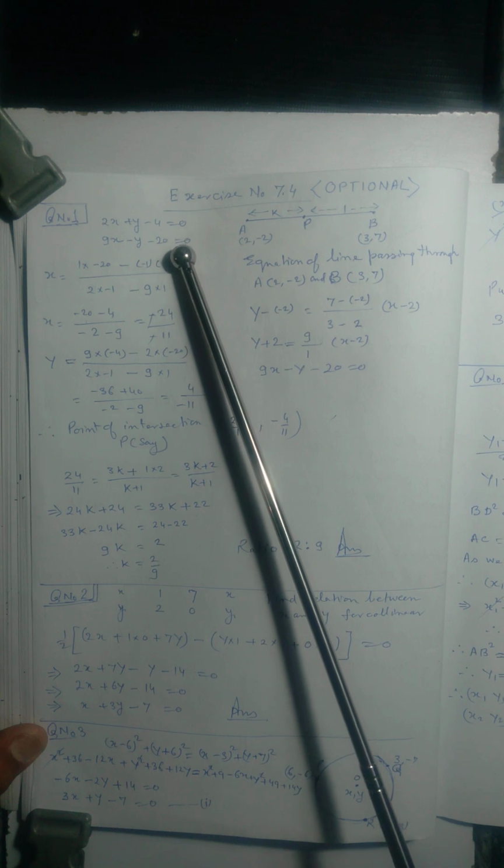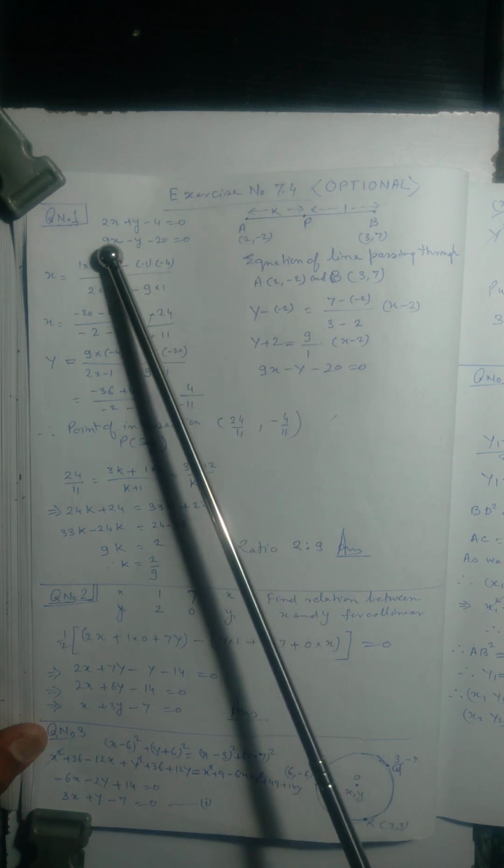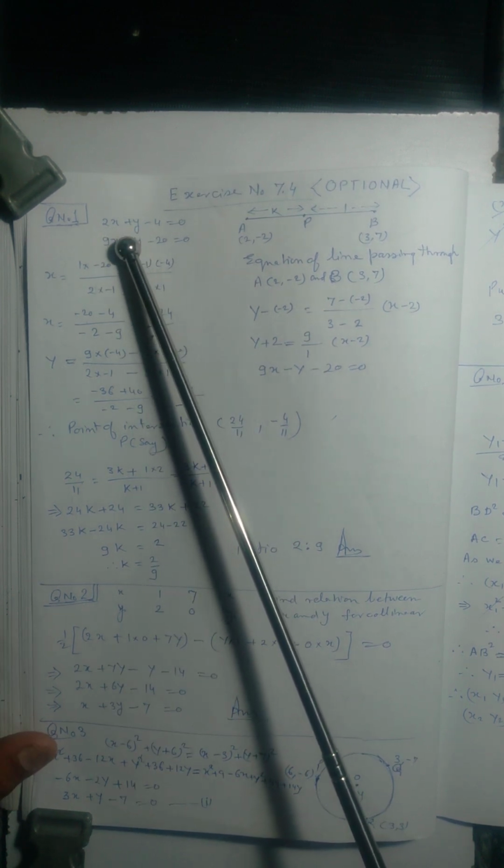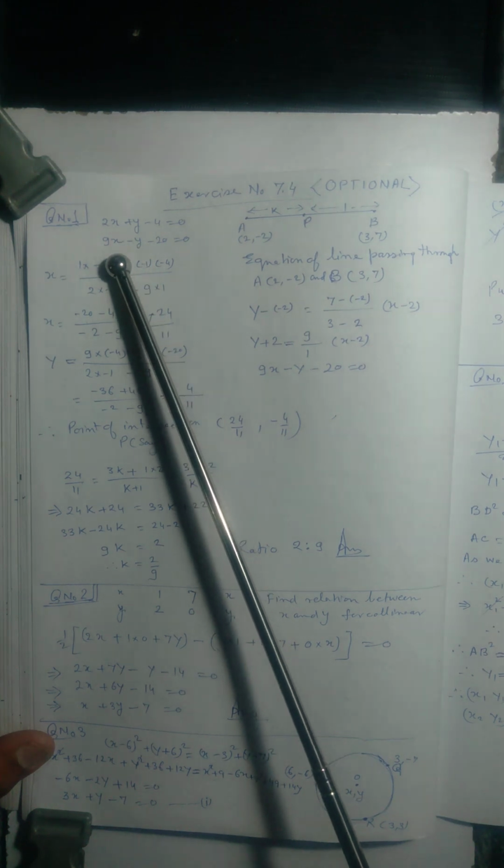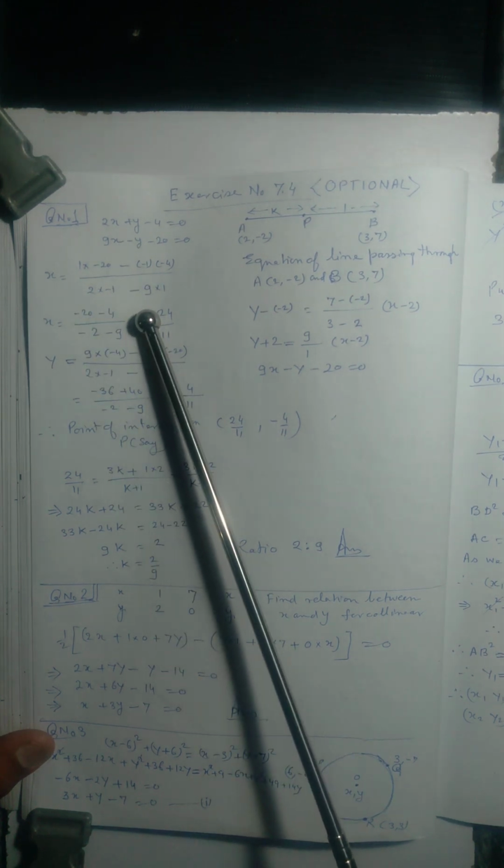The equation of the other line is given, that is 2x plus y minus 4. Now taking these two equations together, we solve for x, that is the intersecting point.